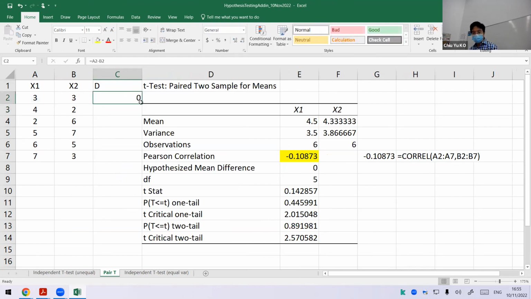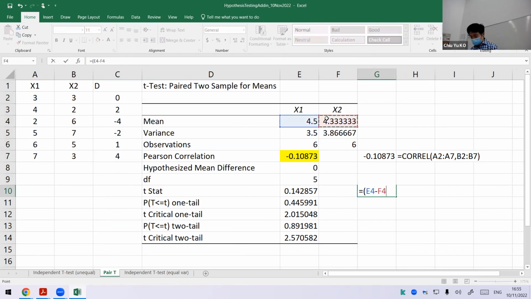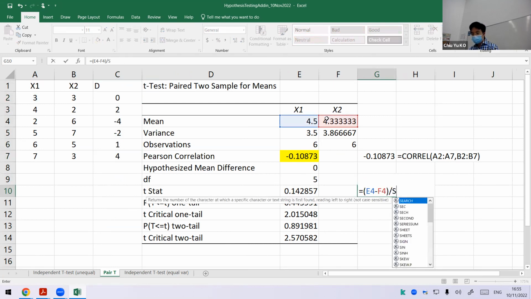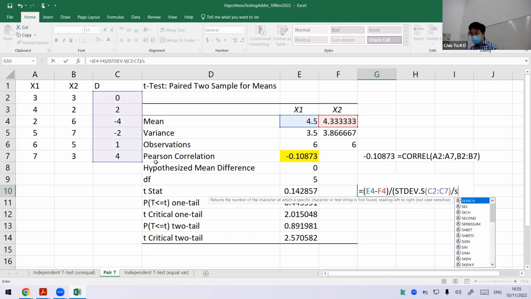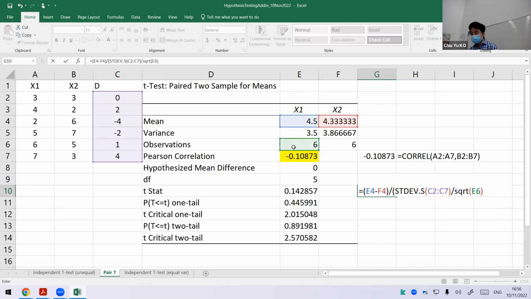Then the T-stat will be the difference between the two, over the SD of the column D. And remember, this is not done yet. You're over the root n, which is just root 6.